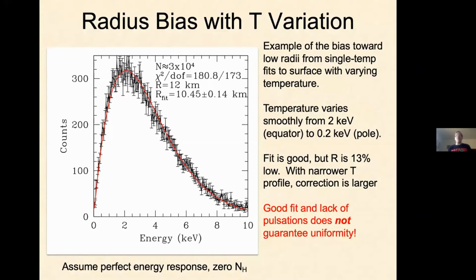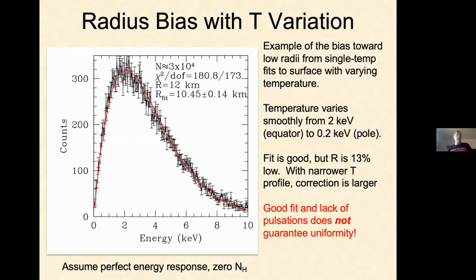But even worse is that although I used 12 kilometers for the actual radius, the fitted radius was less than that. But look at this uncertainty. If we just use this fit, we have tremendous confidence in our roughly 10.5 kilometer radius, but it's terribly wrong. In fact, we're talking about many, many standard deviations off. So this is something that is a serious problem.